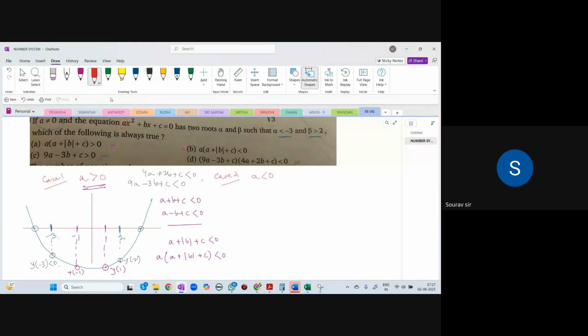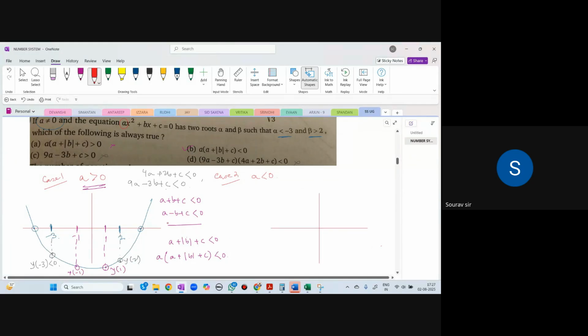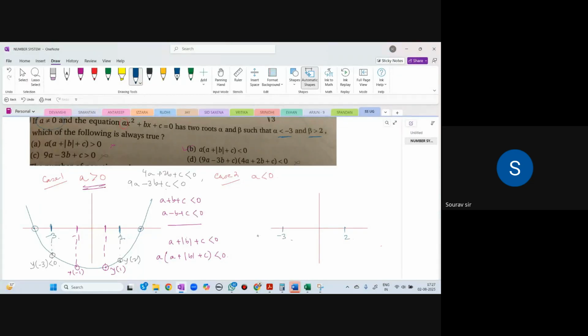Now you have to also consider a less than 0. For a less than 0, the whole concept remains the same. Only thing, the parabola will get inverted. So the parabola goes like this.